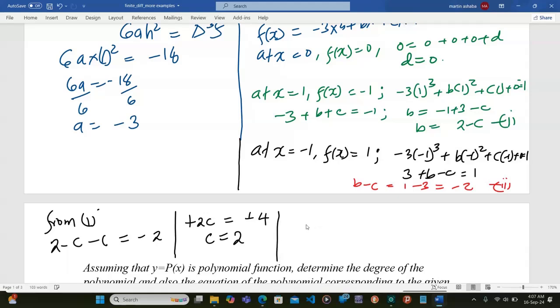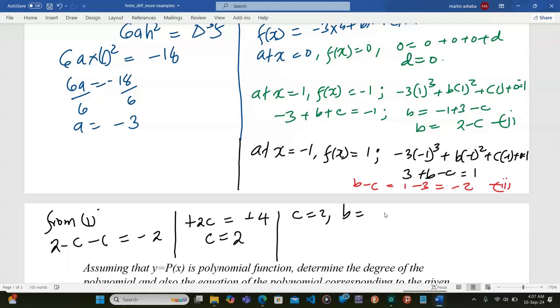So finally, the polynomial f of x equal to our polynomial p of x is going to be negative 3x cubed plus b. Do we know b? If c is equal to 2, then what is b?